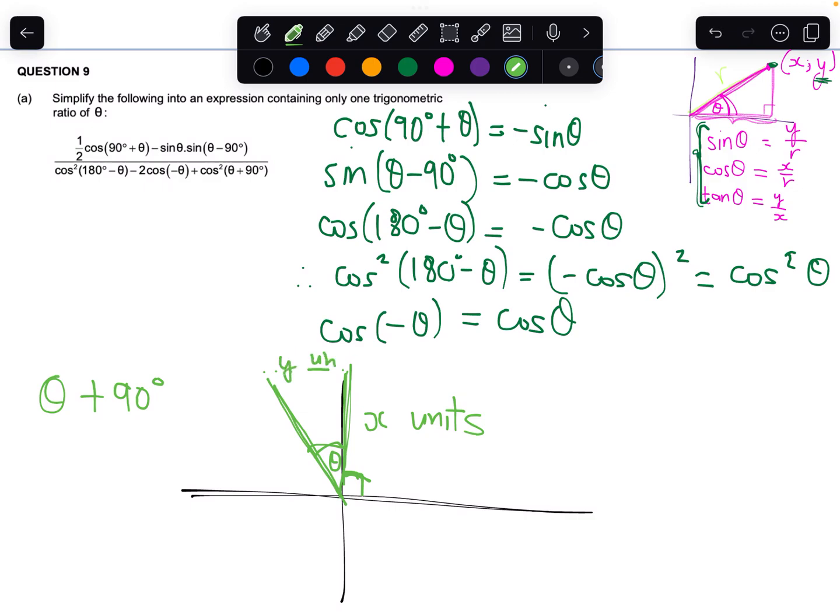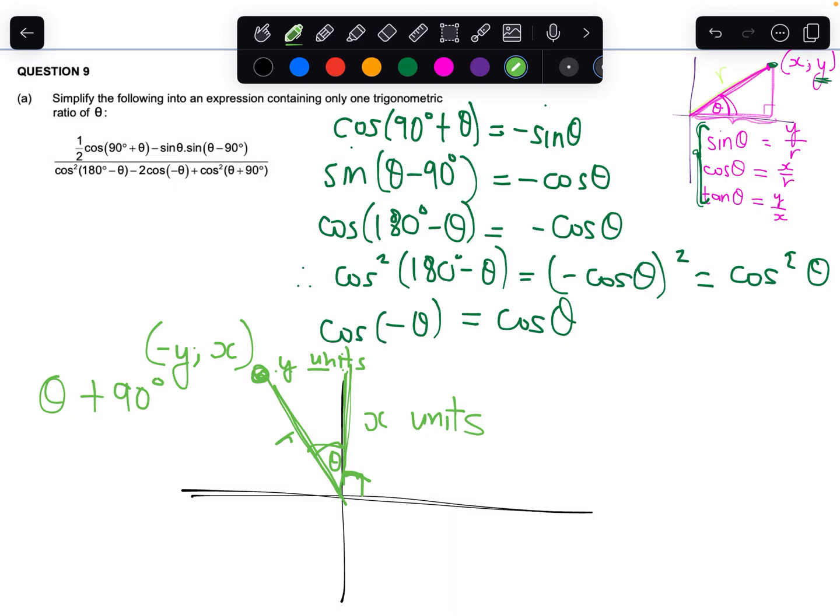Y units. Okay, right. So the coordinates of this guy, well, firstly, this is r. The coordinates of this guy will be negative y, because we're on the negative side of the x-axis, and x for the y coordinate, right?